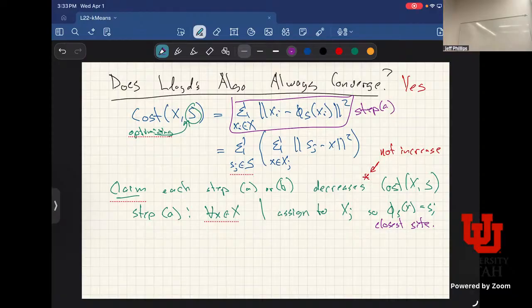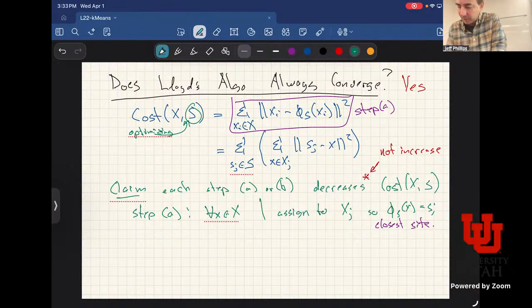Each of the data points in all of X, it's assigning to a site that is the same or is decreasing, right? It's either the old assignment, but the old assignment may no longer be the point that's the closest. So if I change the assignment to the one that's closer, this cost function has to decrease, or it could stay the same.